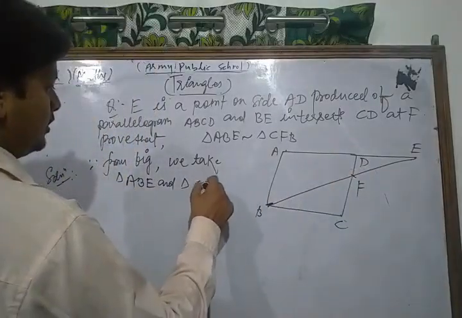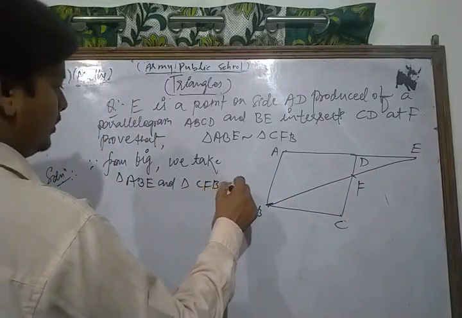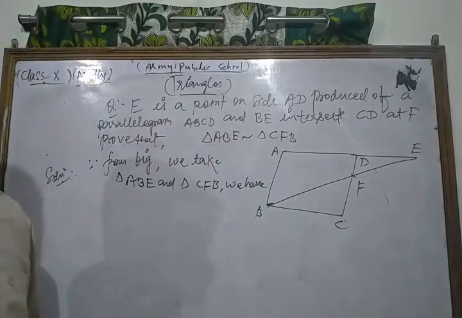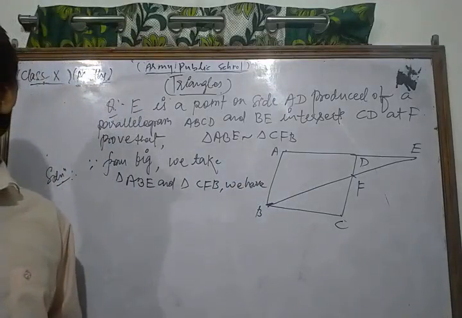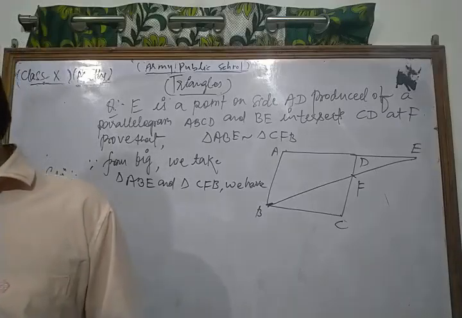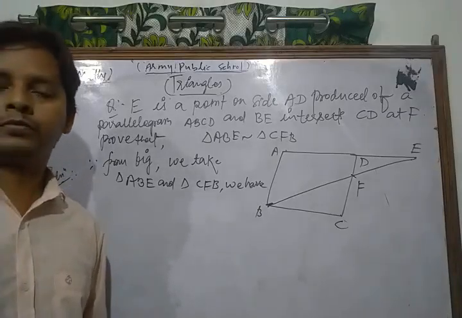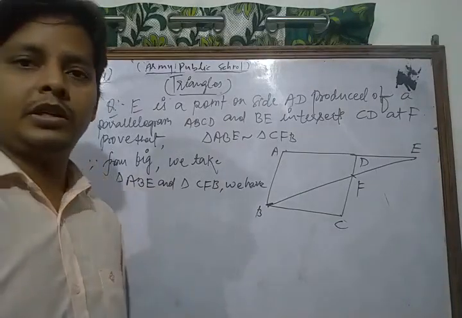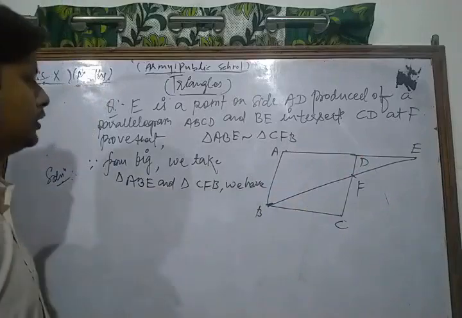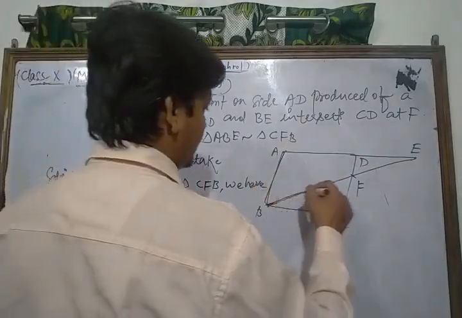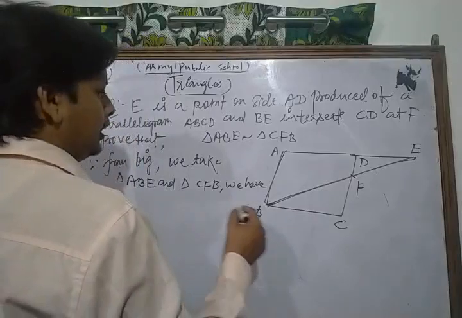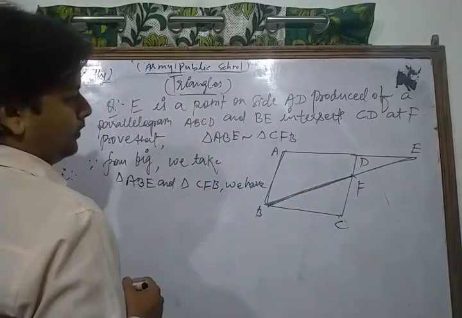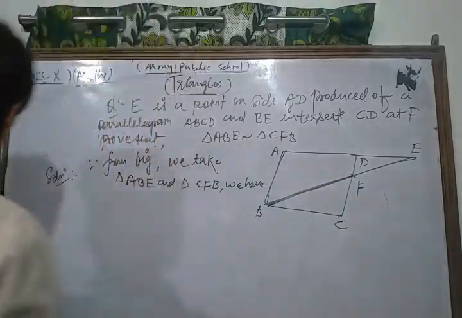Okay. Now look, in both the triangles, this is ABE, that one, and CFB, that one. Now look, in that triangle we have what?